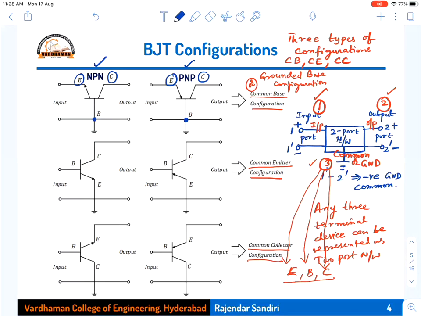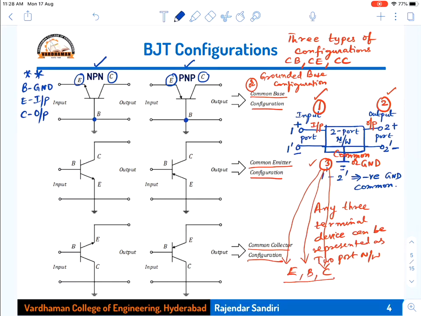Therefore, this is called the common base configuration. So you have to remember, in common base configuration, base is ground, emitter is input, collector is output. Very, very important.